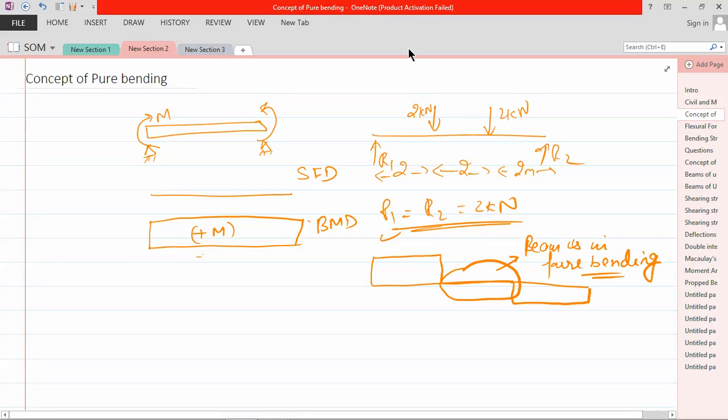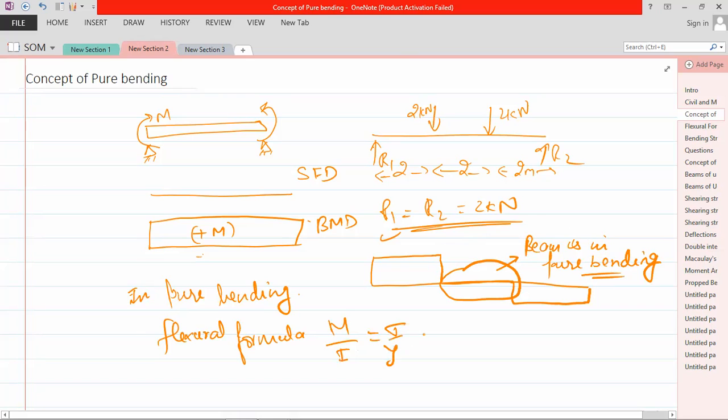Now in pure bending, I hope you all remember, there is a flexure formula, that is M by I is equal to sigma by y is equal to E by R. I am not going into the derivation because you can see it in any book, but I am going with the concept of how that is coming.